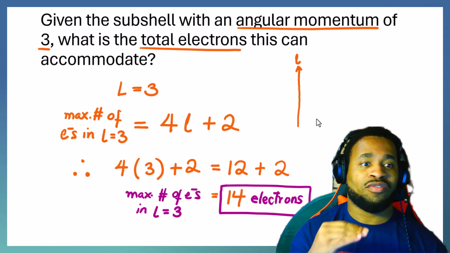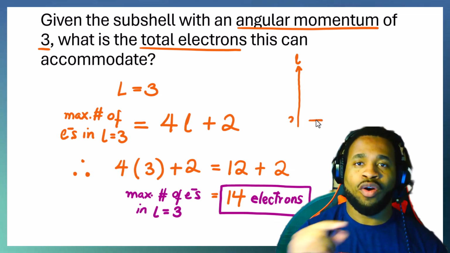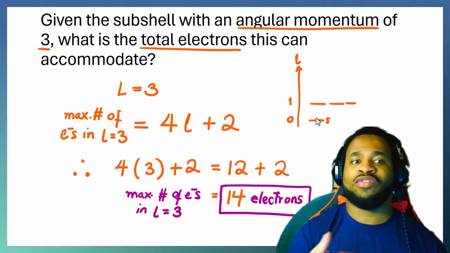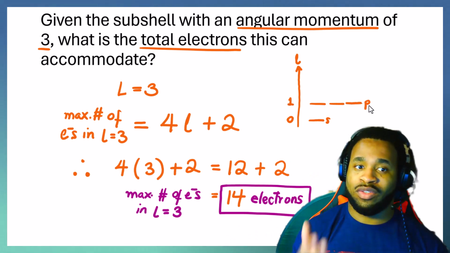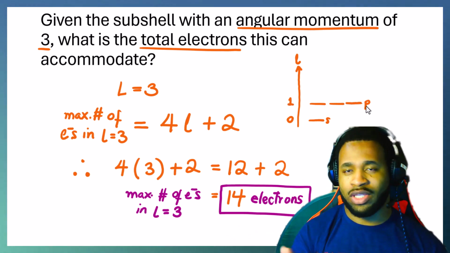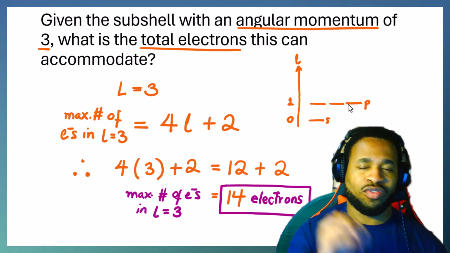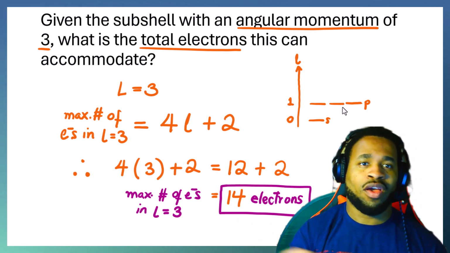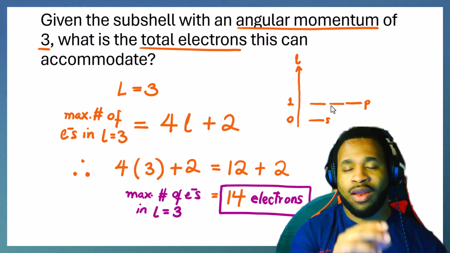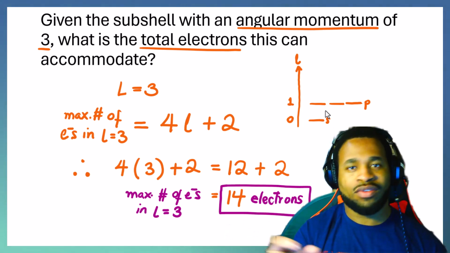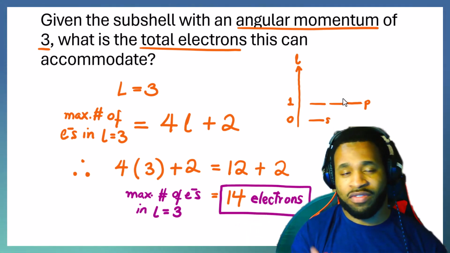This is represented as the s shell, which has one subshell. L equal to 1 represents our p orbitals, which are the lobes, and this will have 3 suborbitals, each containing 2 electrons, and therefore you have a total of 6 electrons.